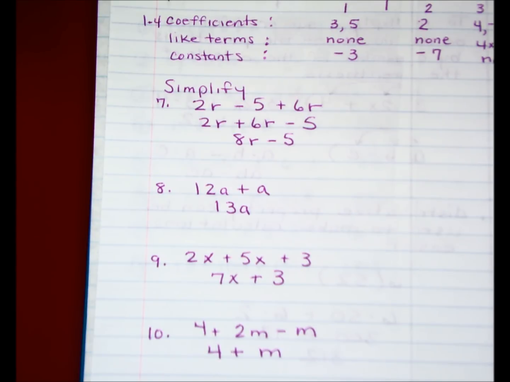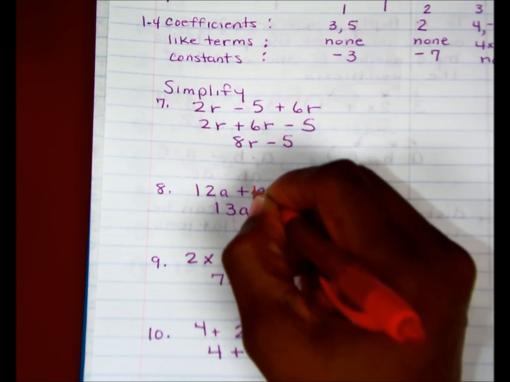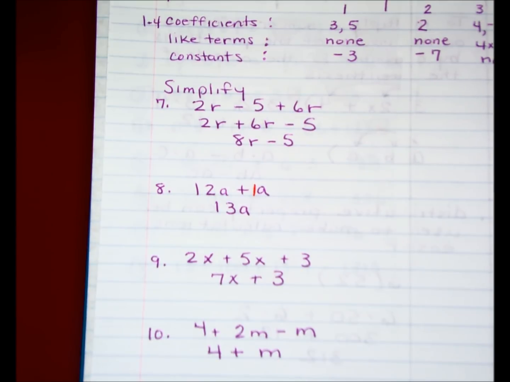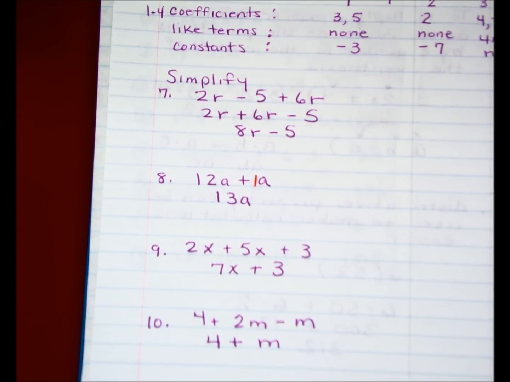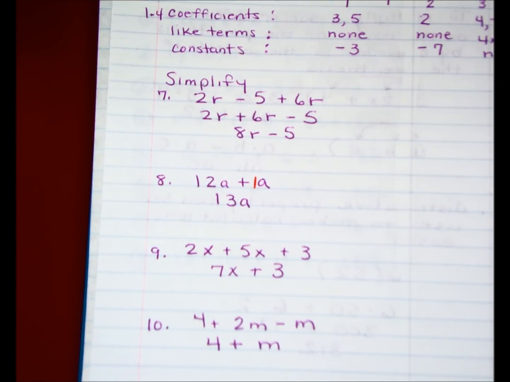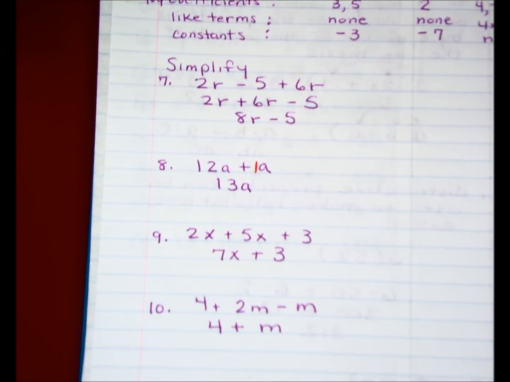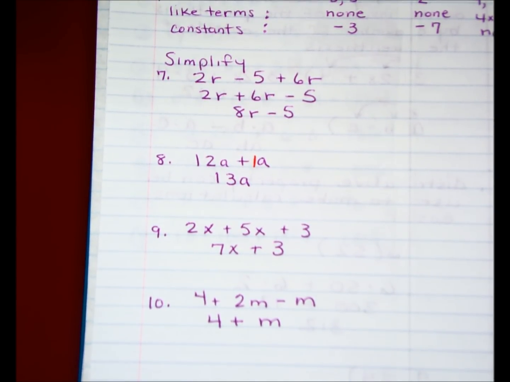In number 8, it was 12a plus a. Remember that there is a 1 with this a, so you got 13a. In number 9, it asks you to combine 2x plus 5x for 7x plus 3. And finally, in number 10, it was 2m minus m, which would have equaled m plus 4.